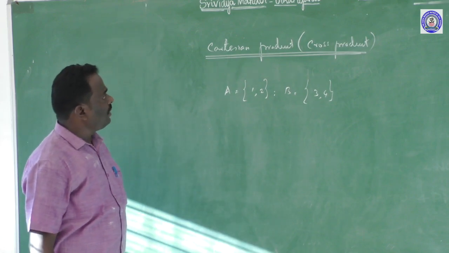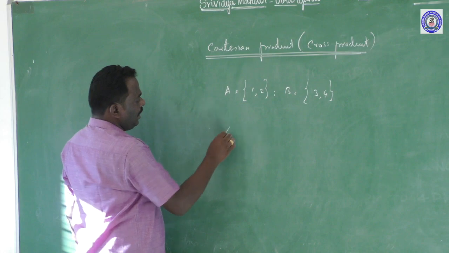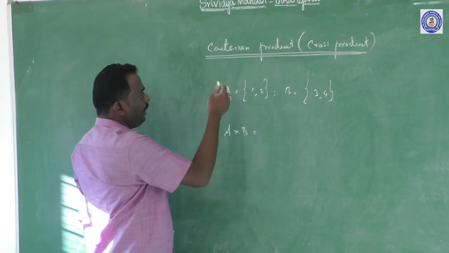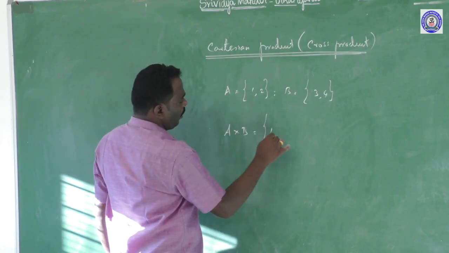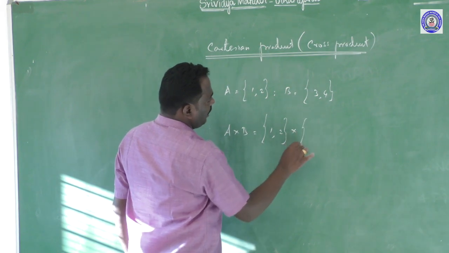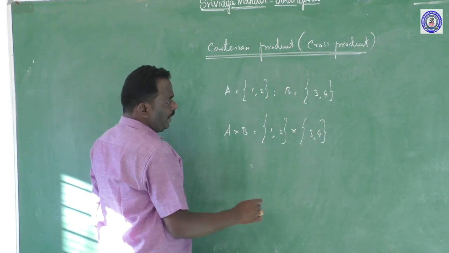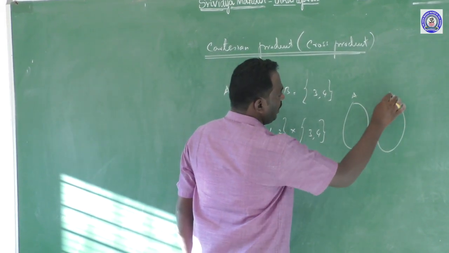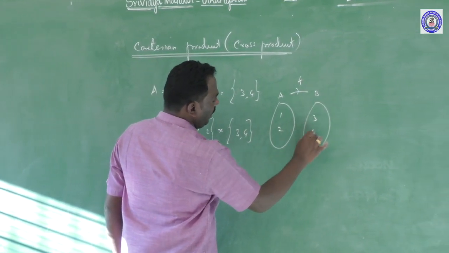Now using the Cartesian product or cross product to find A cross B. A cross B is called the Cartesian product of A and B. That is, set A is 1, 2, cross set B is 3, 4. Now find A cross B. That means take an arrow diagram, one set called A and another set called B. Function from A to B, 1 and 2 and 3 and 4.